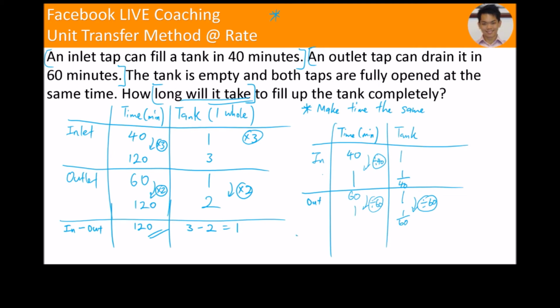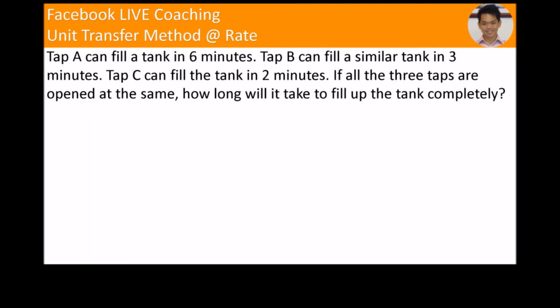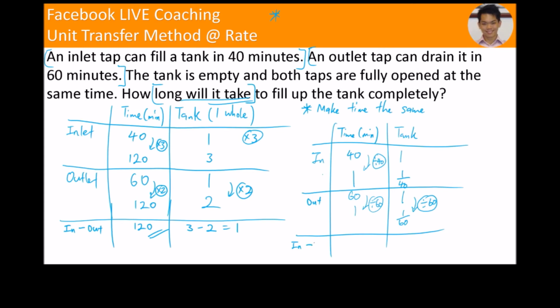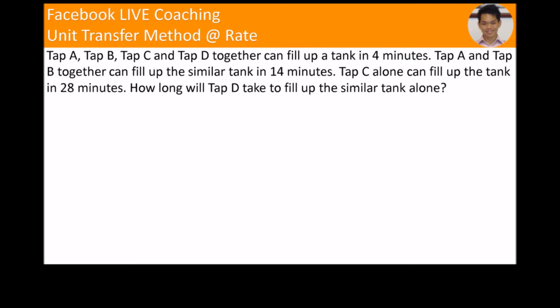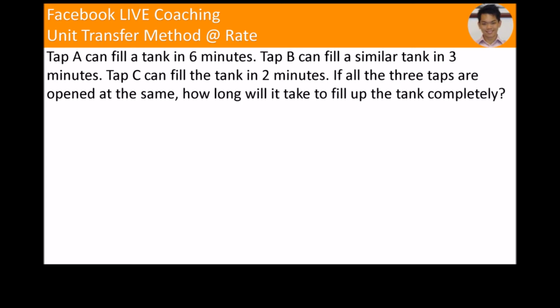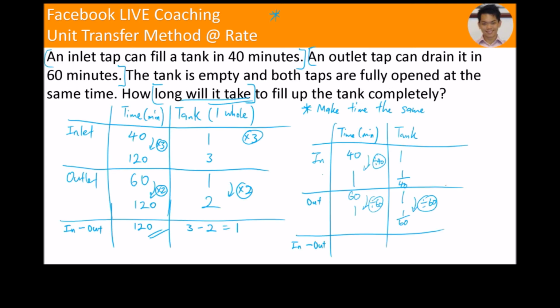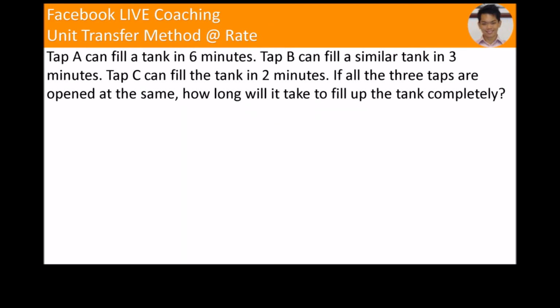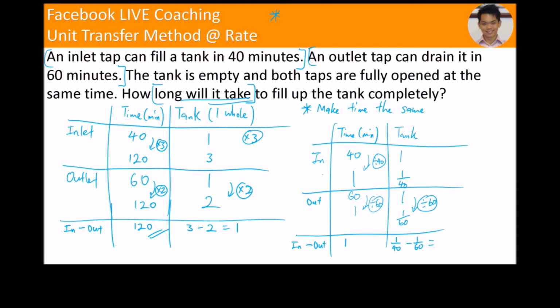Okay, so when you combine them together, in minus the out, in 1 minute it would be 1 out of 40 minus 1 out of 60. So that will give you 1 out of 120.